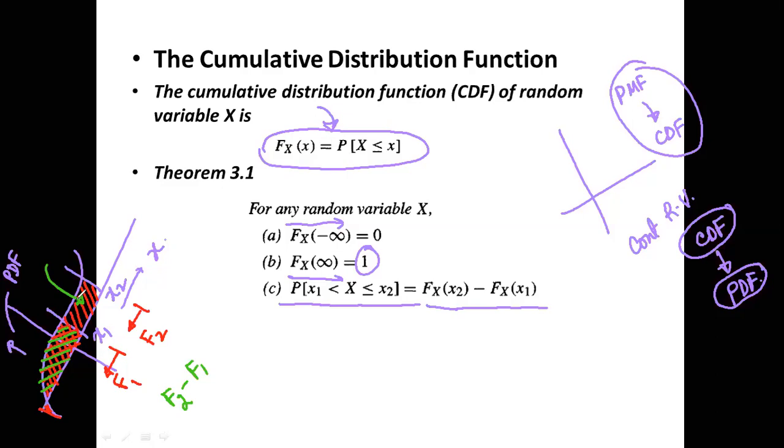So F2 minus F1 will be the area between X1 and X2, and that area is the probability of this random variable from X1 to X2. So the CDF criterion number 3 is that if we subtract two CDF points, we find the probability between those points. Okay, is it clear? Yes, sir.